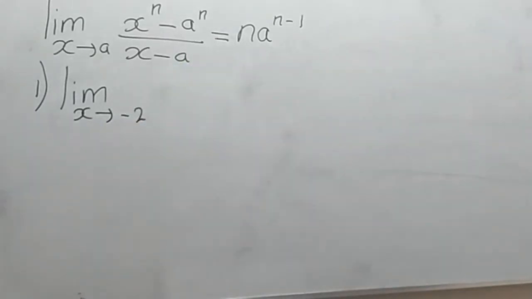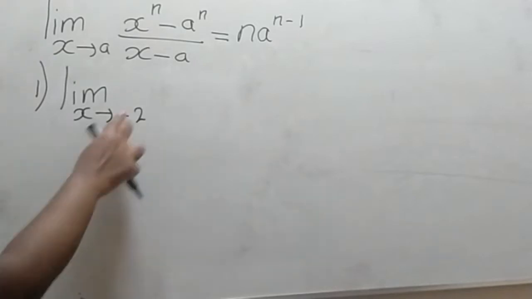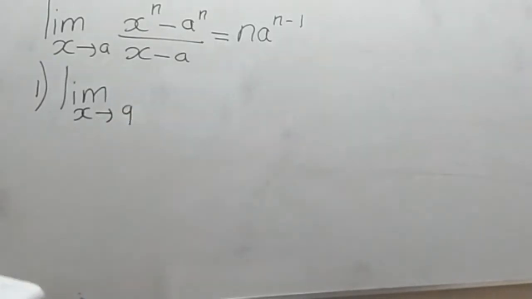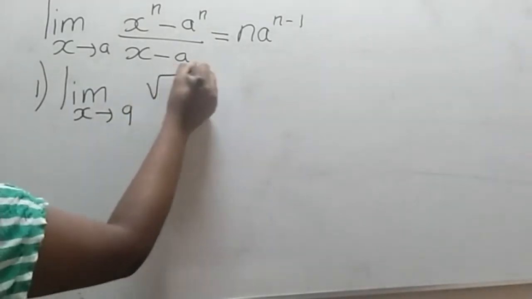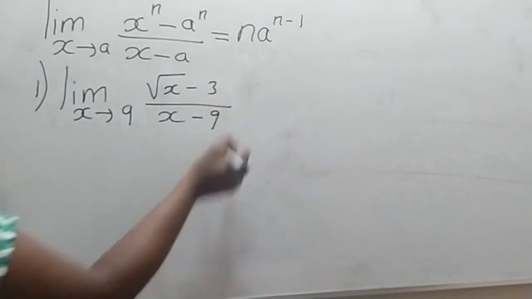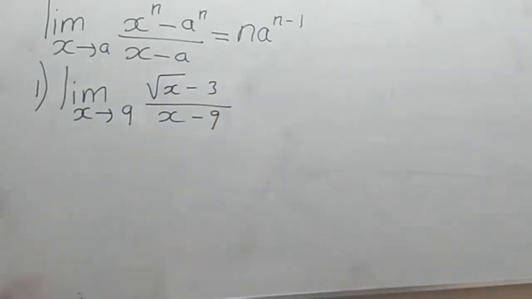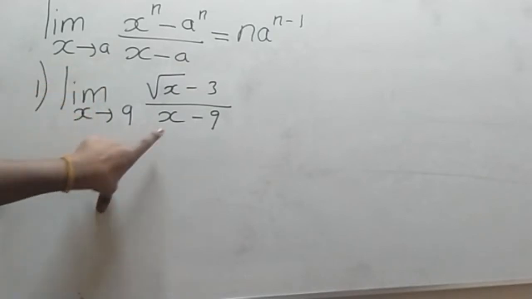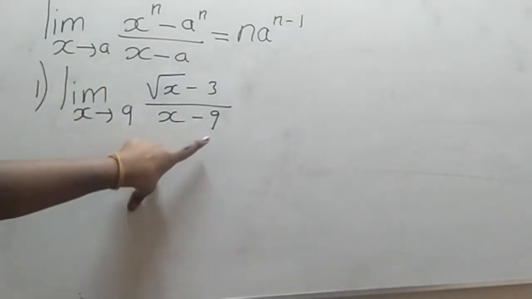Okay? So next one is limit of x tends to 9, (root x minus 3) over (x minus 9). Look here, x tends to a, similar to a, we have 9. Then this is okay, x minus 9.